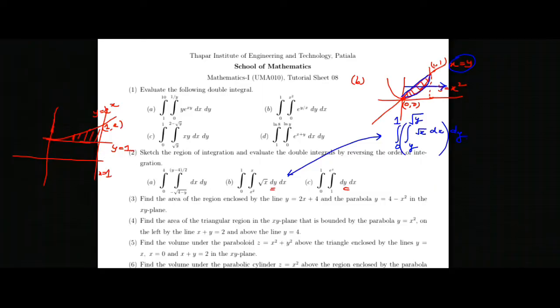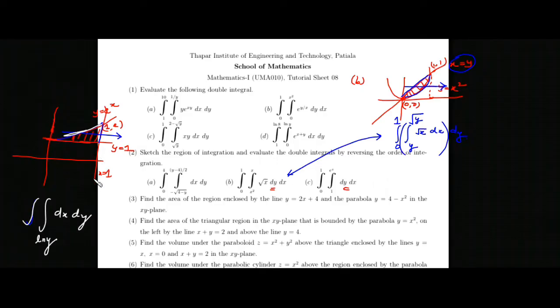Now we have to integrate this with respect to x first. So we take a parallel line to x-axis. Our x is varying from here to here. So the limits for x will be, our x is varying from here. Here the value of x is ln y to this line.